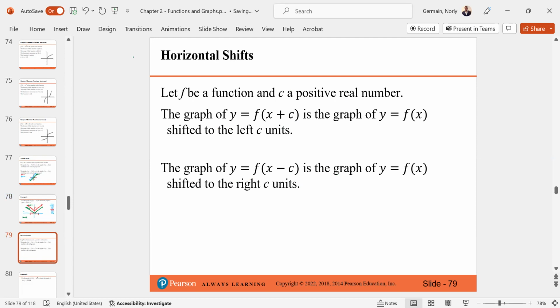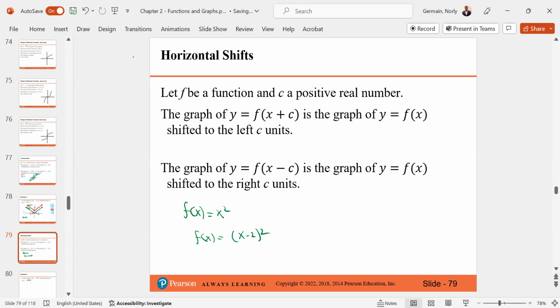For examples, you can have f of x equals x squared, or you can have f of x equals x minus 2 squared, you see? So we can shift horizontally, or I can say plus 2 squared or plus 3 or minus 3. It doesn't matter what you do, but you can shift it.